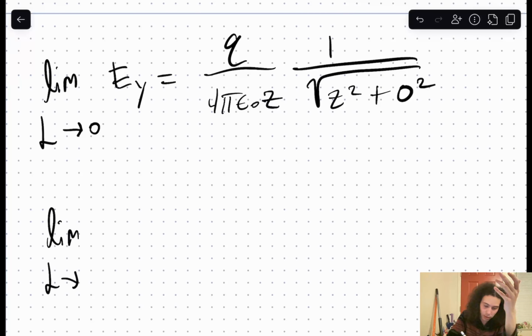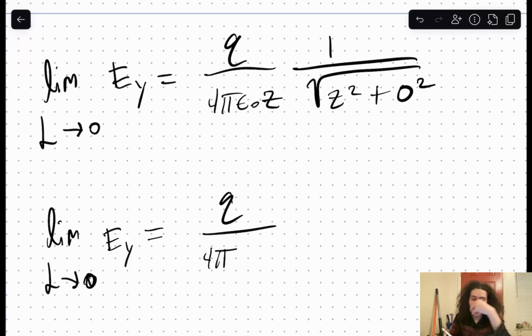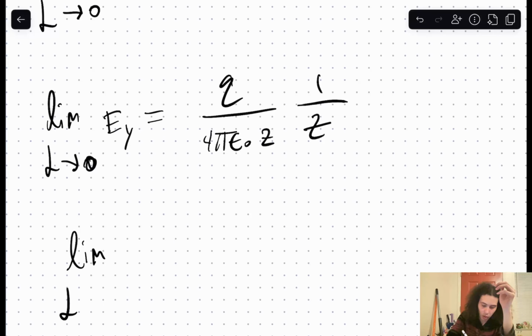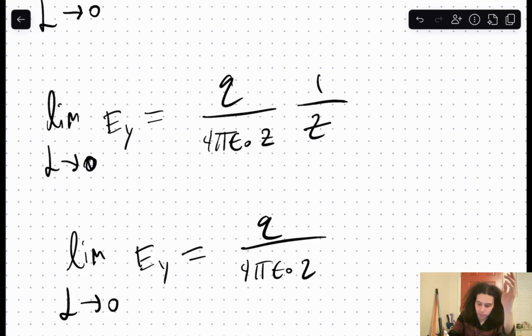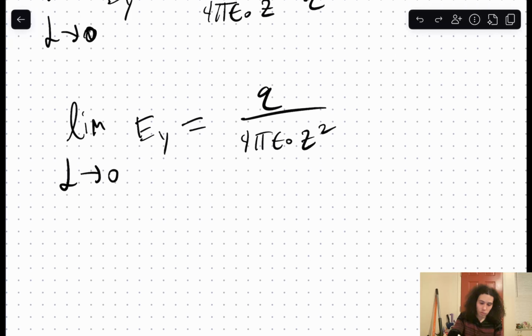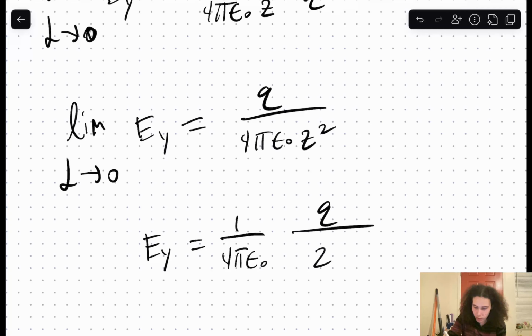So at this limit, not 0 but going towards 0, the equation renders down to that of the electric field of a point charge. These two z's multiply together and you get z squared. More familiar, 1 over 4 pi epsilon naught, Q over z squared, and there it is.